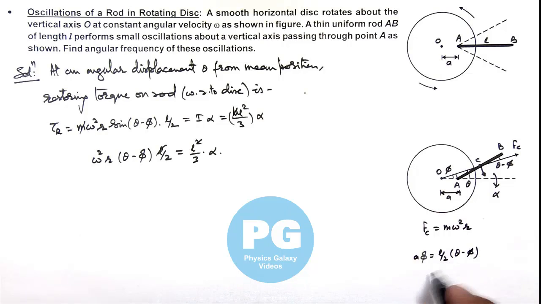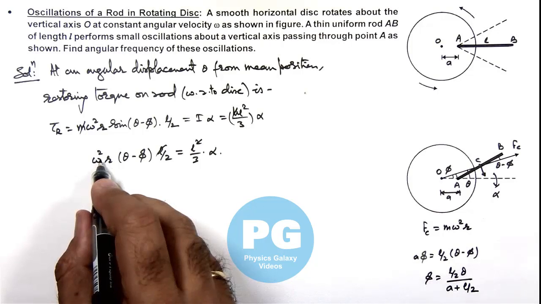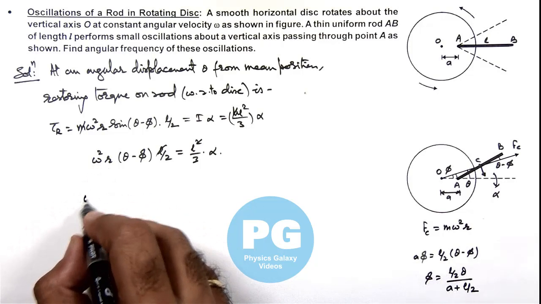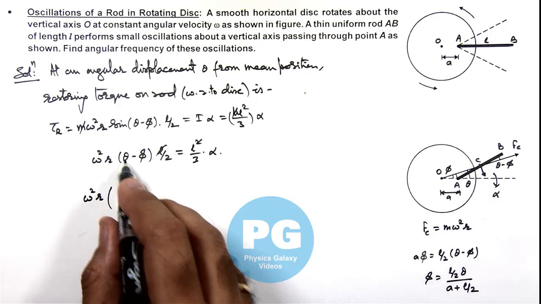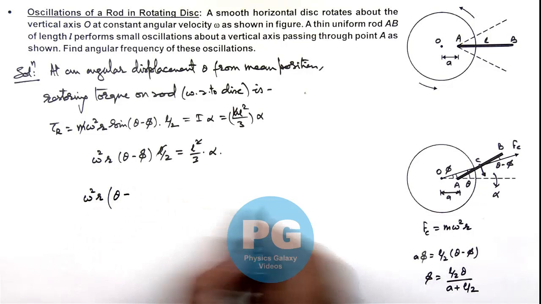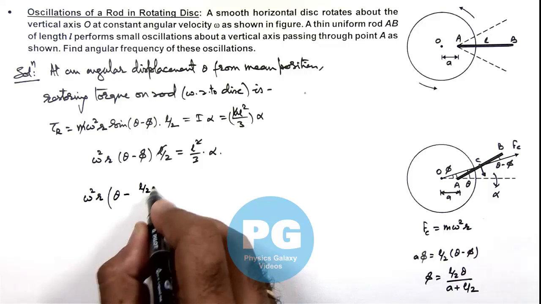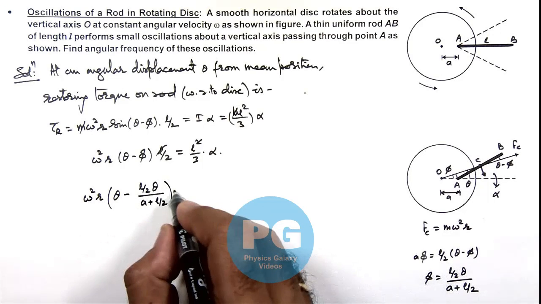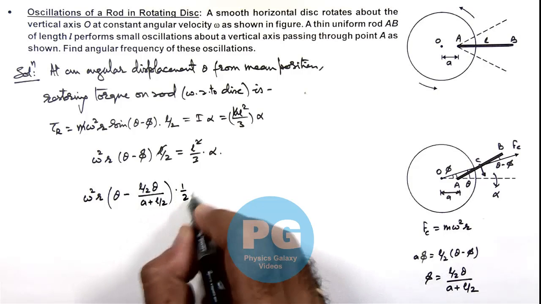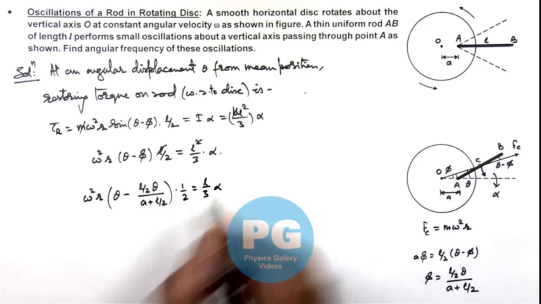So on simplifying this, we get the value of phi as L by 2 theta divided by A plus L by 2. If we substitute the value of phi over here, this will be omega square r multiplied by theta minus phi, which is L by 2 theta upon A plus L by 2, multiplied by 1 by 2 is equal to L by 3 alpha.